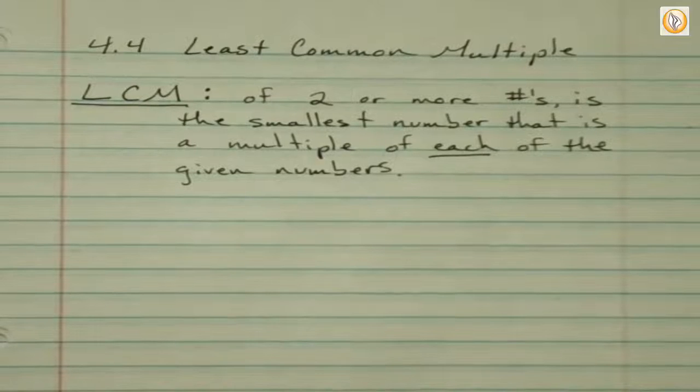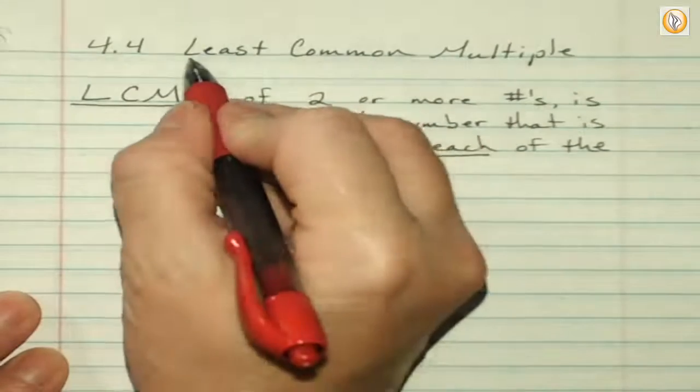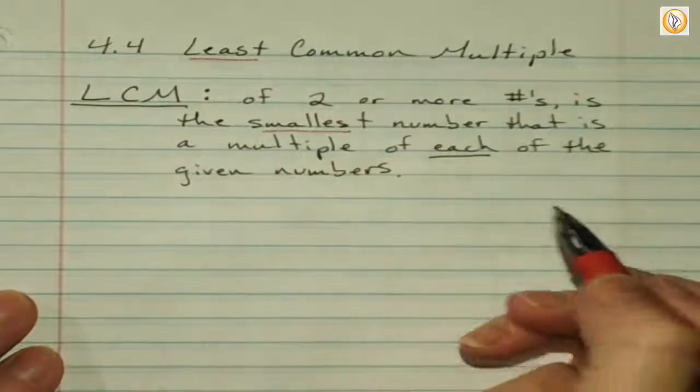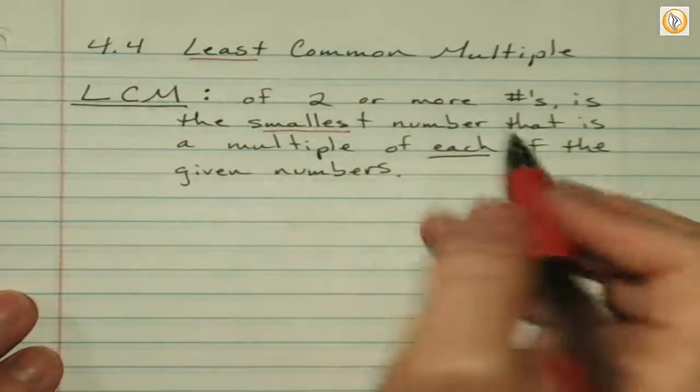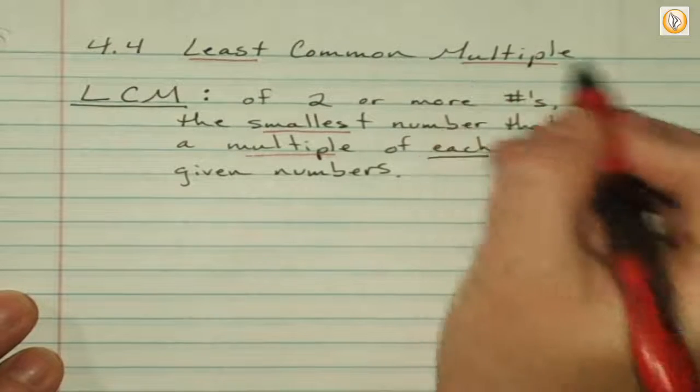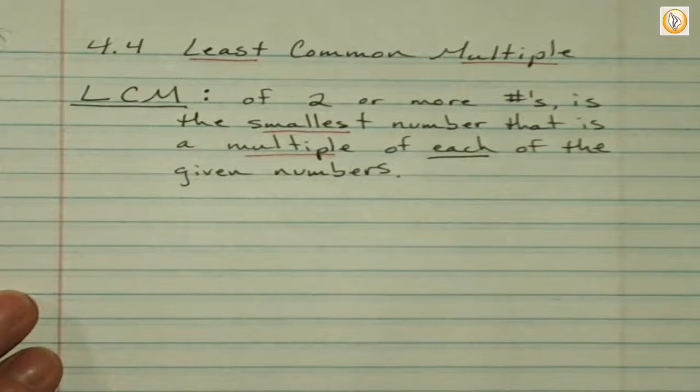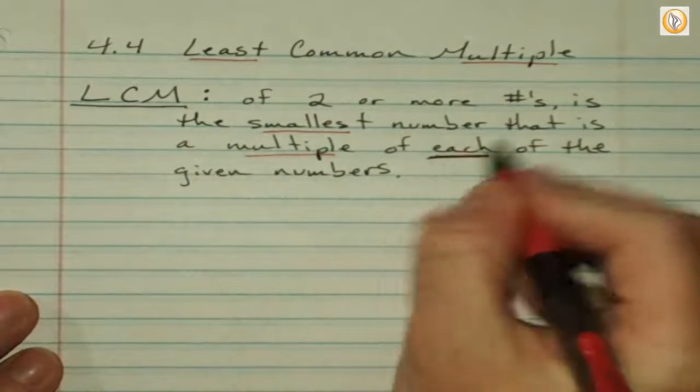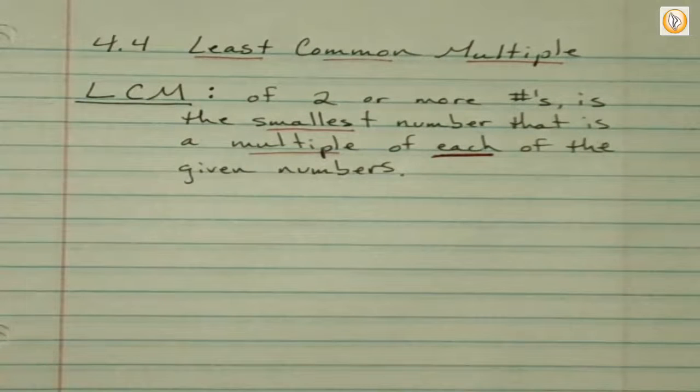So least common multiple of 2 or more numbers is the smallest, hence the word least, smallest number that is a multiple of each given number. So it's just like greatest common factor, but this time we're dealing with multiples.